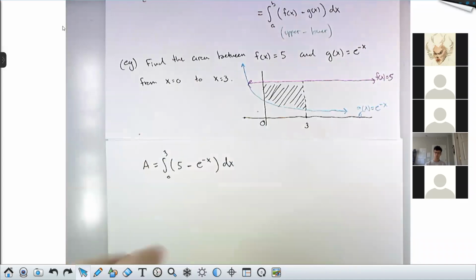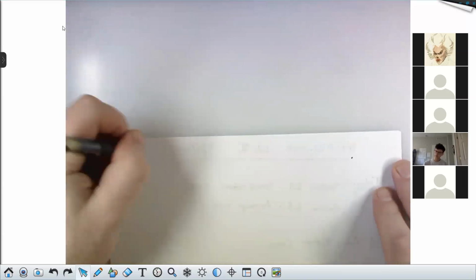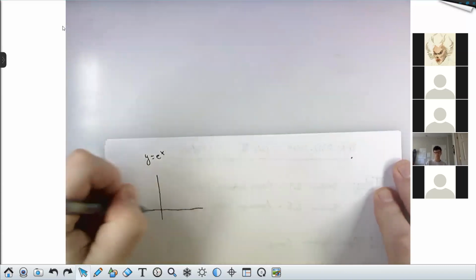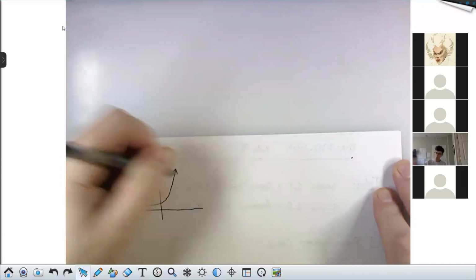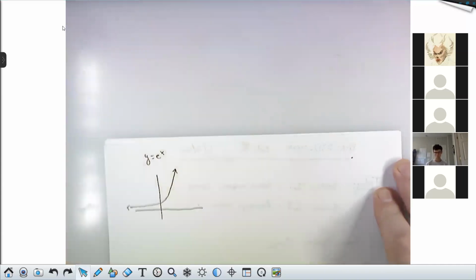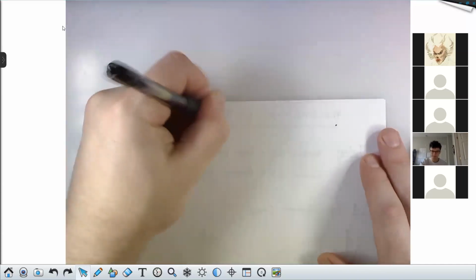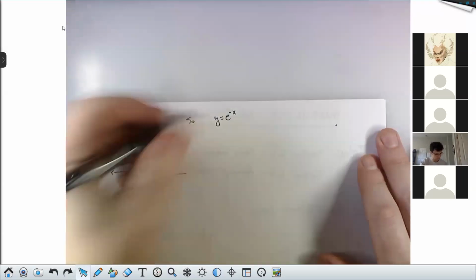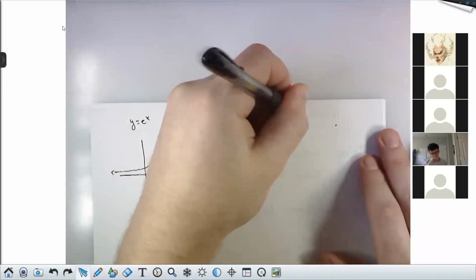So one way to remember what that graph looks like, there are some graphs that we just have to know, right? So y equals e to the x looks like this. This is sort of your standard exponential function, right? Growing exponential. So y equals e to the negative x, multiplying by a negative on the inside flips over the y-axis.